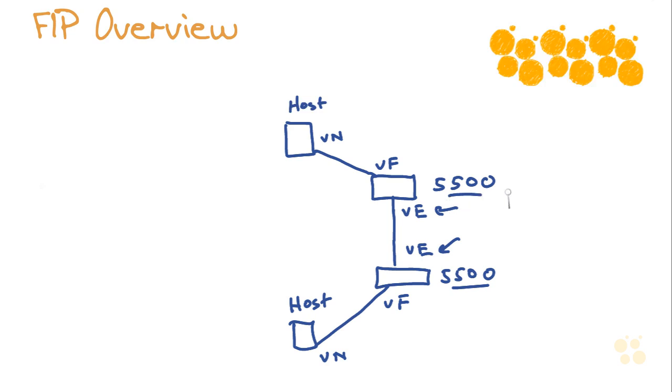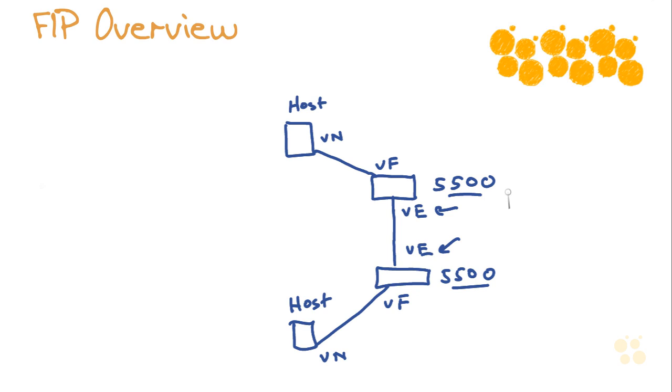These could be 7000 series, they could be MDS series switches. A VE port is a port that emulates an E port over a non-Fibre Channel link. This port is supported over point-to-point links between our Fibre Channel Forwarders. These links can be Ethernet interfaces or members of an Ethernet port channel interface.